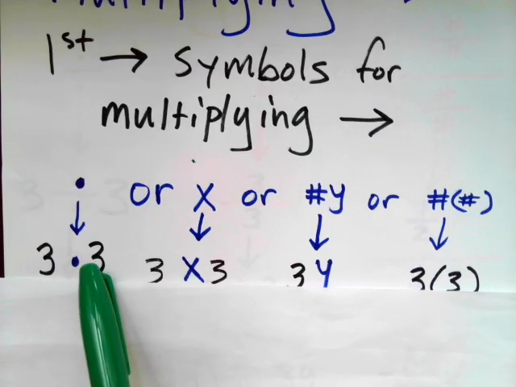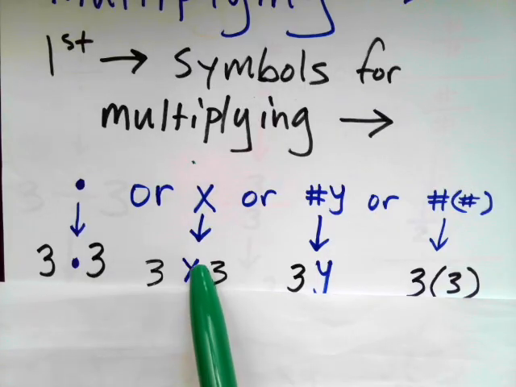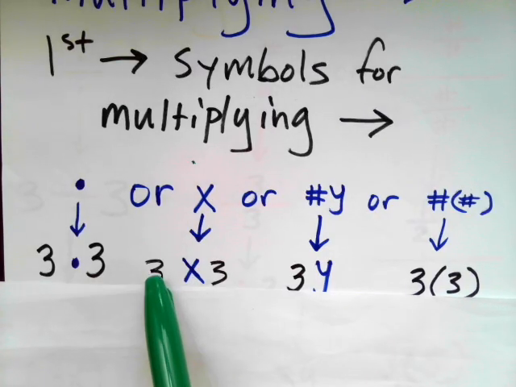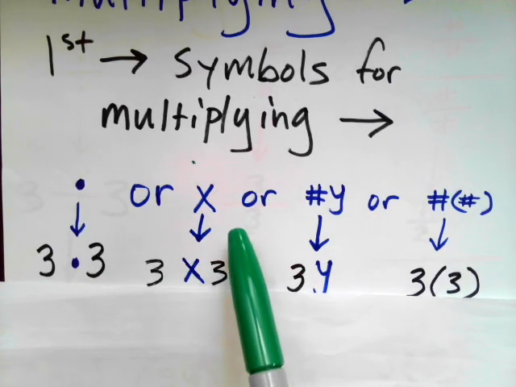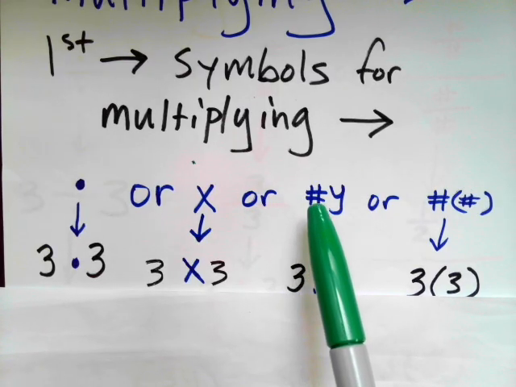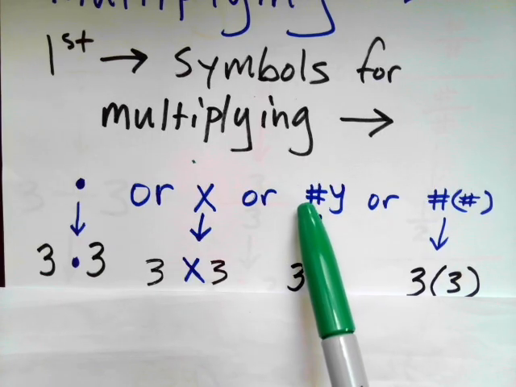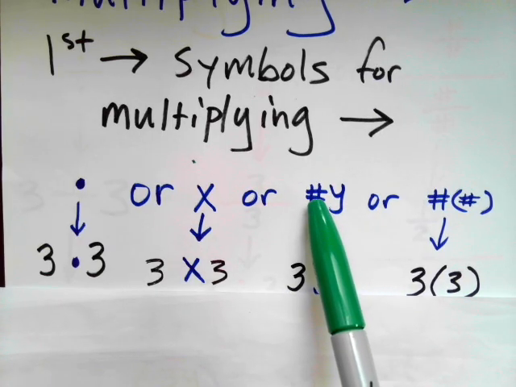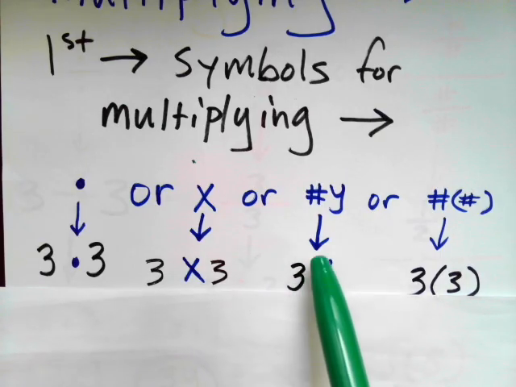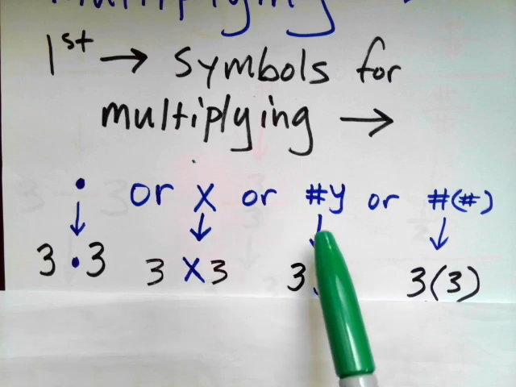3 times 3, right? Or maybe you've seen it kind of like an X, right? A multiplication symbol. 3 times 3. Or maybe you've seen a number symbol. No, it's not a hashtag. That's a number symbol, another variable, but here this 3 is right next to a letter y, which is a variable.